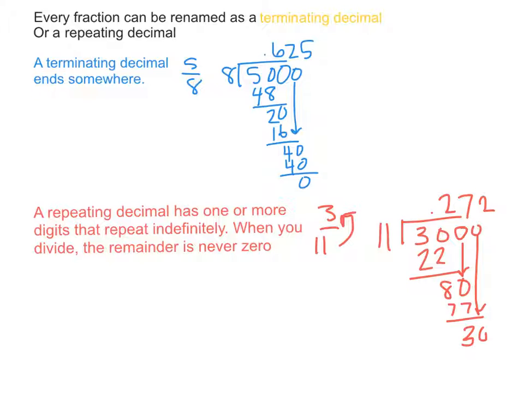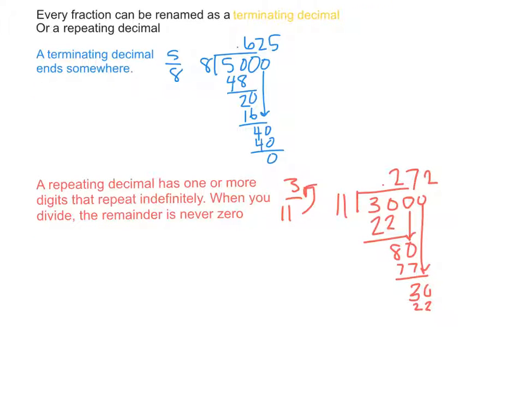I think you see where we're going with this. 11 times 2 is 22. And again, we have a remainder of 8. Bring down a 0, and it's just going to keep going. So it's going to keep repeating 0.27, 27, 27, 27 for who knows how long, forever, right? Because it's never going to stop. And this is an example of a repeating decimal because 27 is repeating over and over.